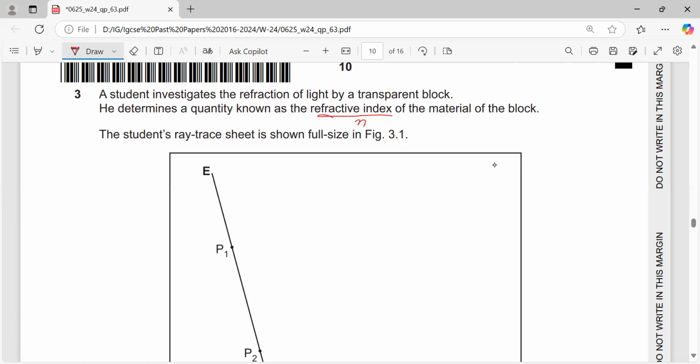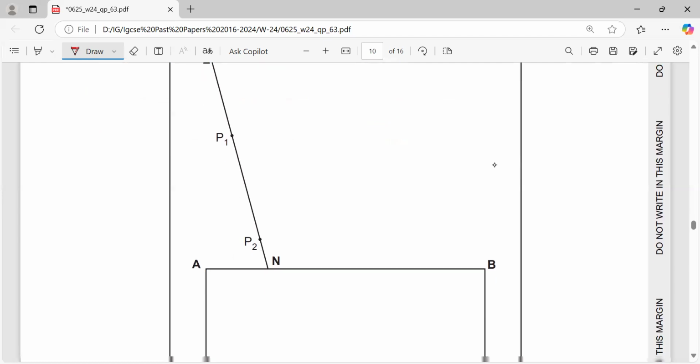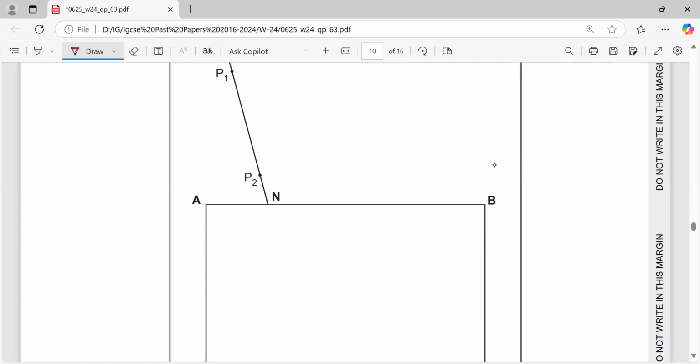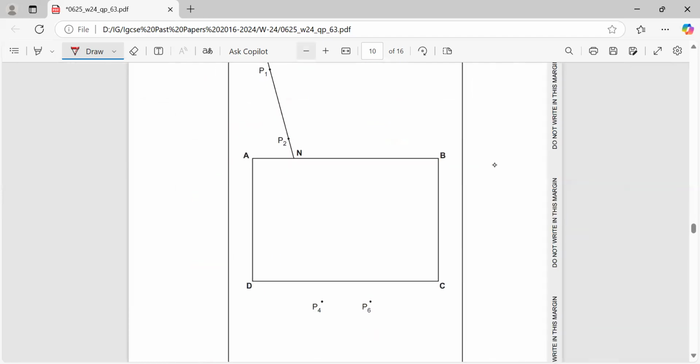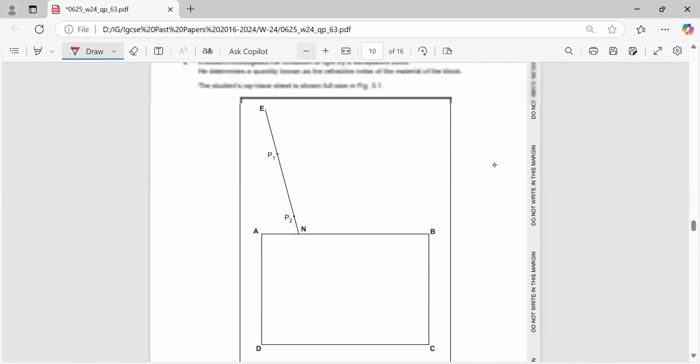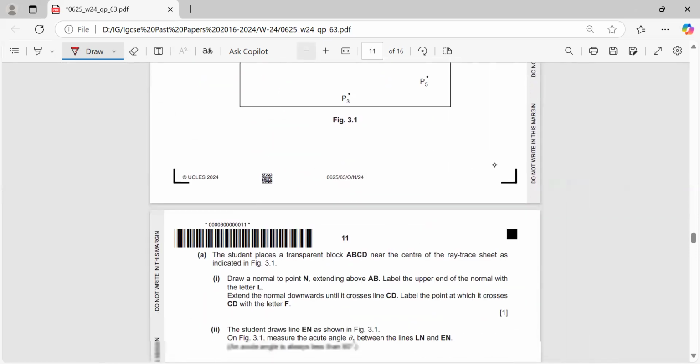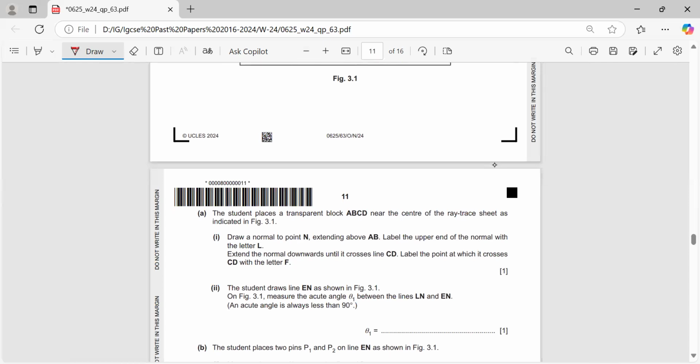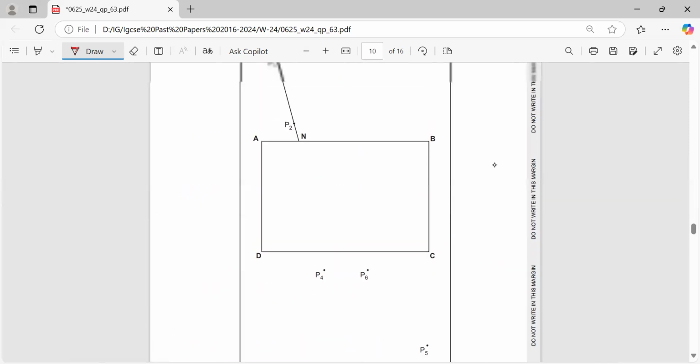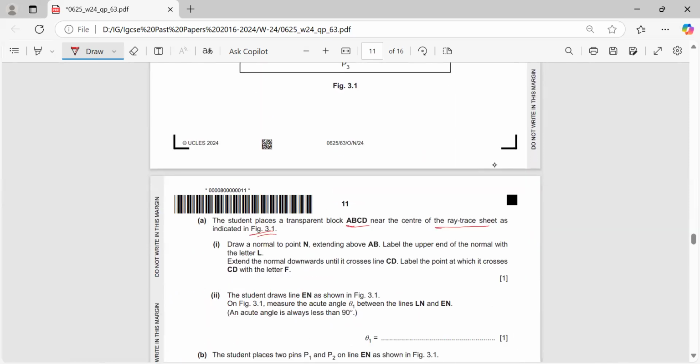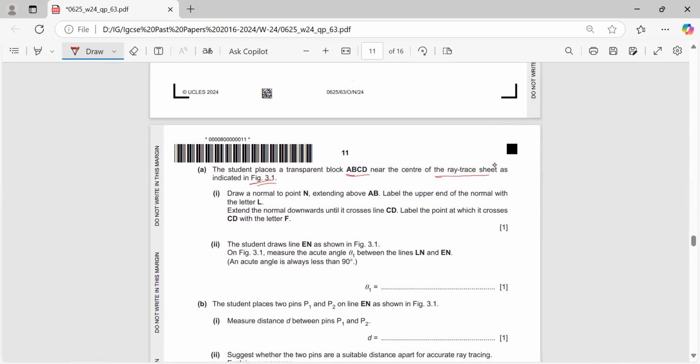The student's ray trace sheet is shown full size in figure 3.1, and you can see it in front of you. I'm going to reduce the view so that we can see the whole diagram. The student places a transparent block ABCD near the center of the ray trace sheet, as indicated in the figure on the previous page, and draws a normal, which means 90 degrees, at point N extending above AB.